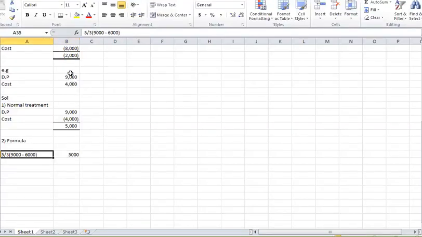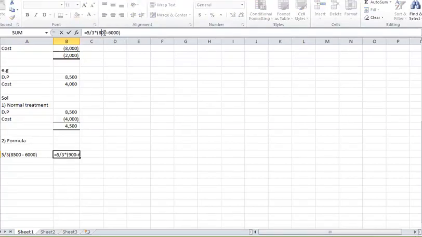Let me change the selling price a bit so that when you revise this topic, you will not be confused. Suppose your selling price is £8,500 instead of £9,000.